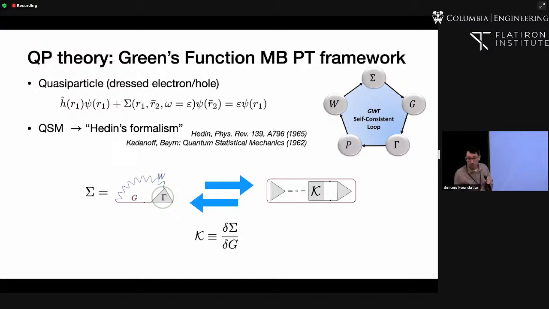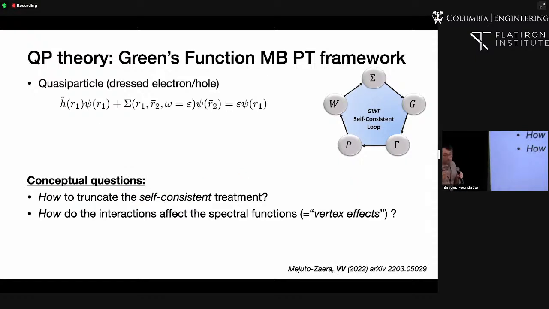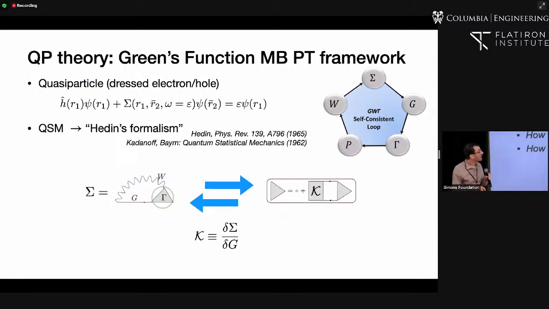So the problems here are very much related to what we have heard about TD-DFT in some of the previous sessions. The conceptual question in this first part of the talk is that I have, in principle, a set of integro-differential equations that I need to solve self-consistently. Because of this functional derivative, every time I enter the loop I generate a new self-energy, and I should update my kernel.